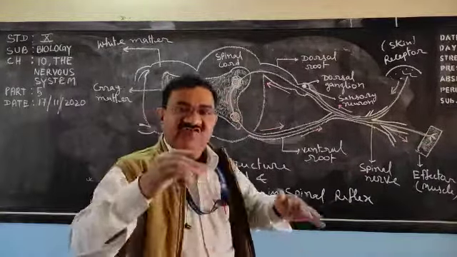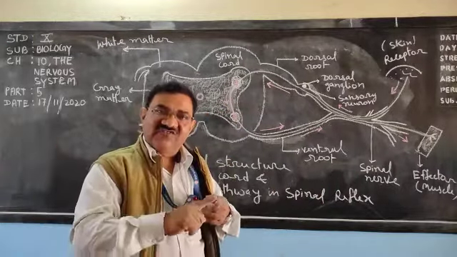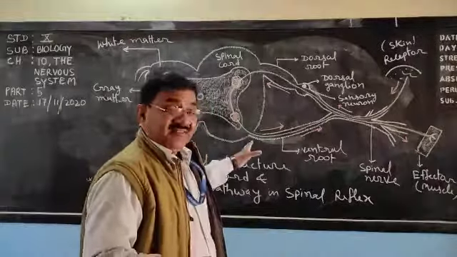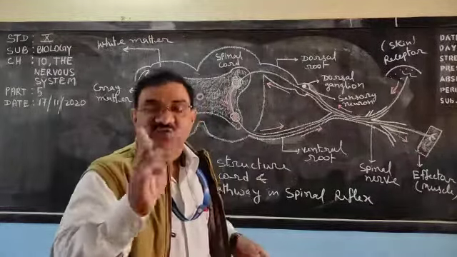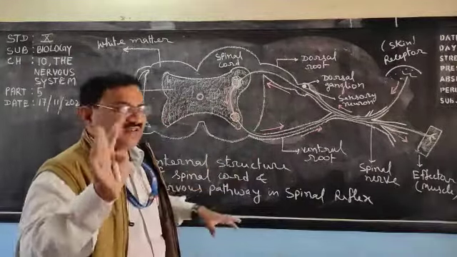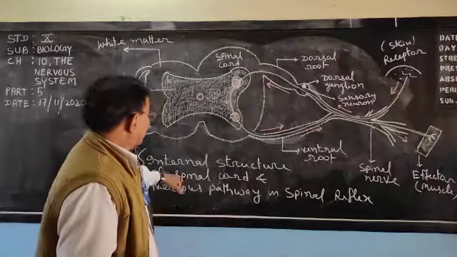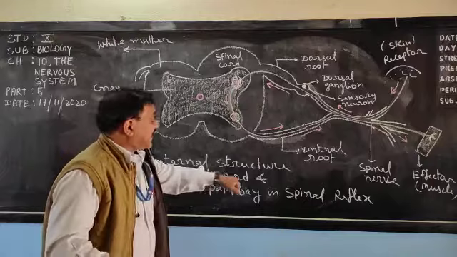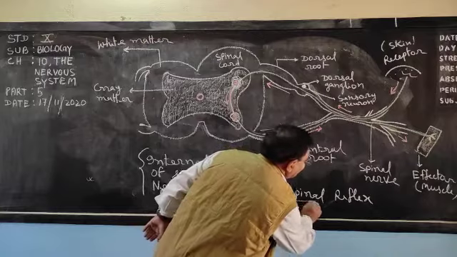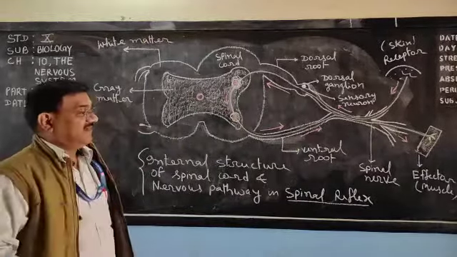Generally, this diagram is drawn and diagram-based questions are asked, but we can't say whether it will be asked to draw this year. It is a very easy diagram, just practice. Internal structure of a spinal cord and nervous pathway in spinal reflex.